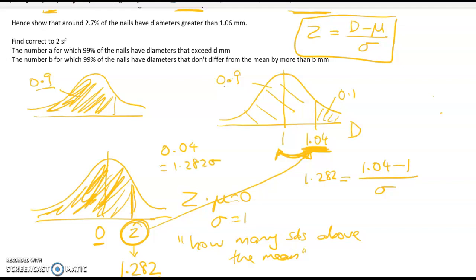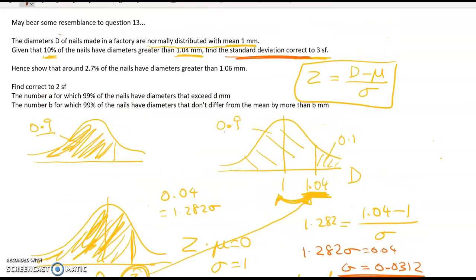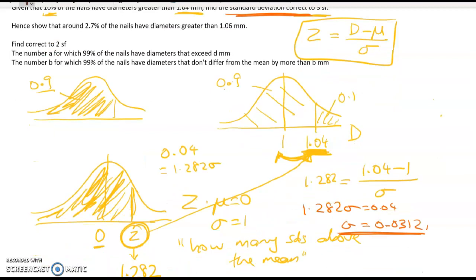And you'll see very quickly that that's what we're working with here. So rearranging, 1.282 sigma is equal to 0.04. So sigma works out to be 0.04 divided by that, which gives me 0.0312. Okay, so that's actually the hardest part done. And now we've figured that out, right? We've found the standard deviation. It's equal to a very annoying number, which is 0.0312, and that's millimeters.